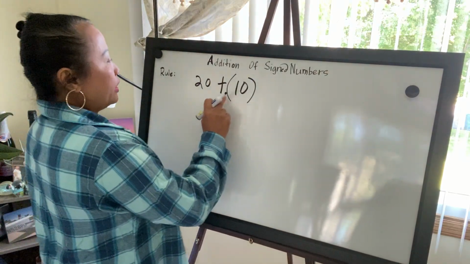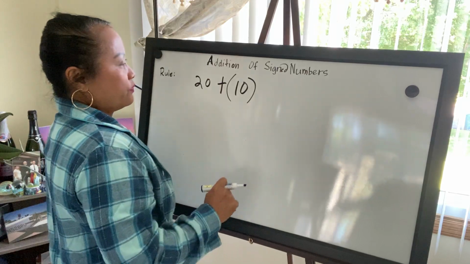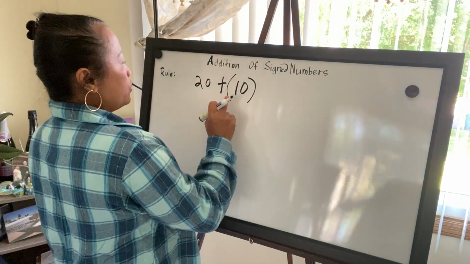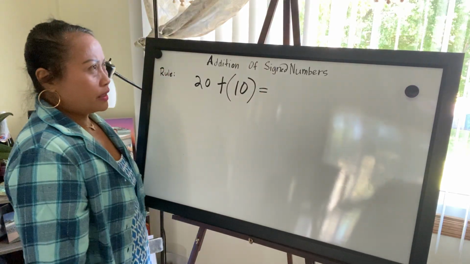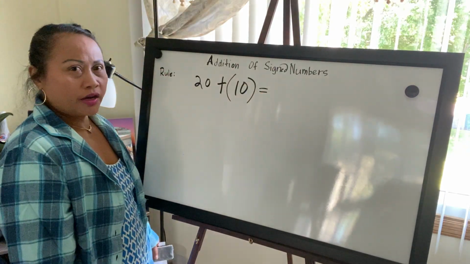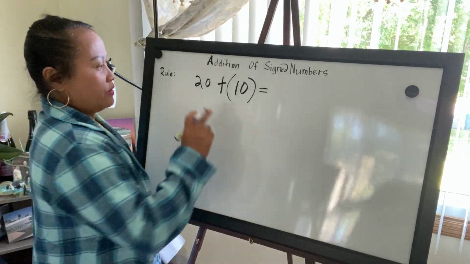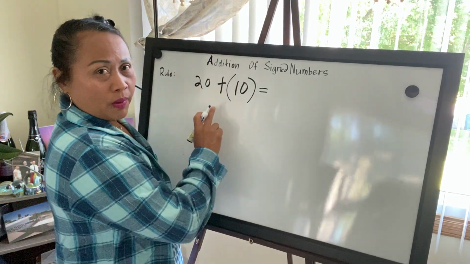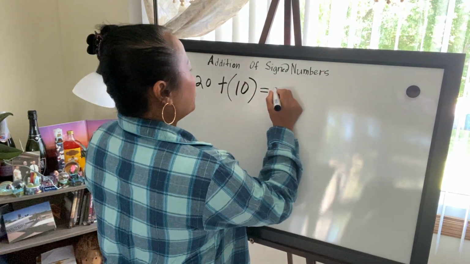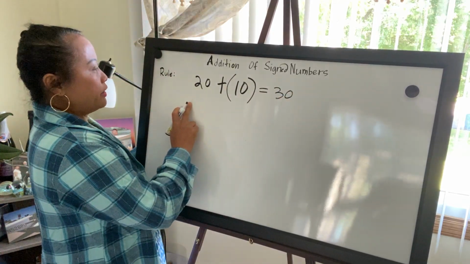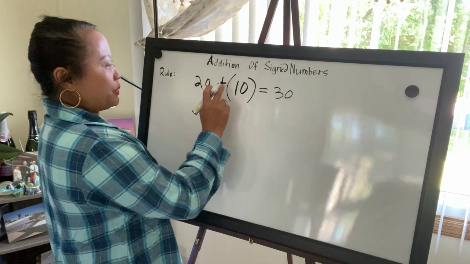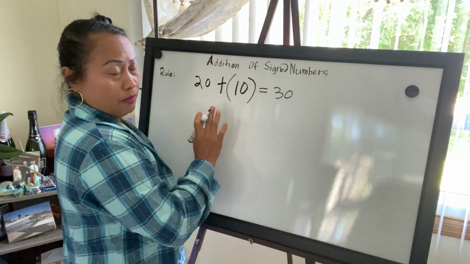Okay? And then, plus 10. So, in adding numbers with the same sign, you have to add. Okay, 20 plus 10 equals 30. And bring down the common sign. Positive 20 plus positive 10, it's all positive.